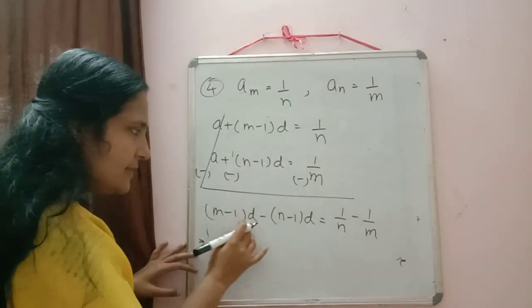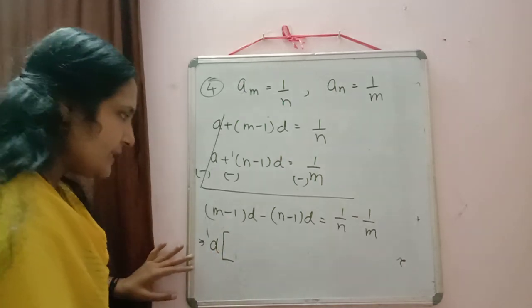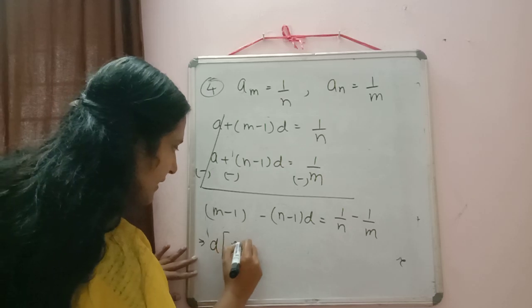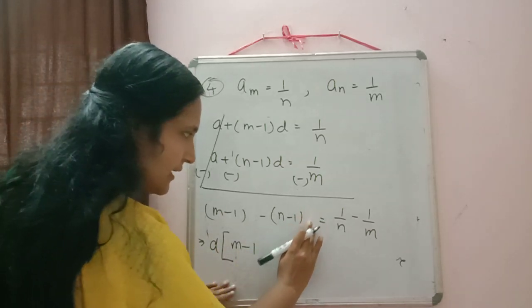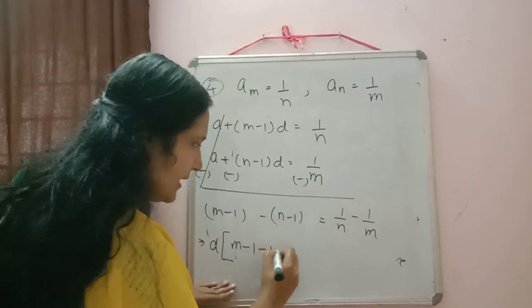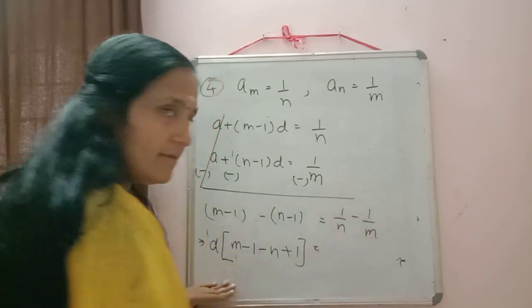d is common in these two, so I am taking d common. Inside the bracket we will check what will remain. From here I have taken d common, so remaining is m minus 1. So from here also I took d common and minus sign is there. So it will become minus n plus 1 equal to, here we can do the cross multiplication.